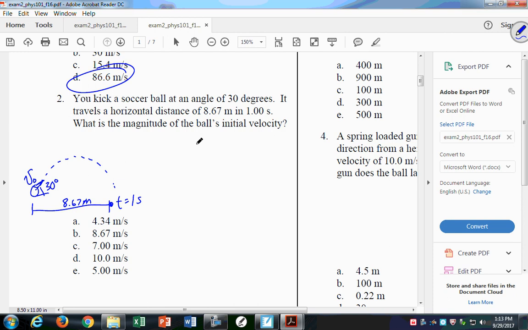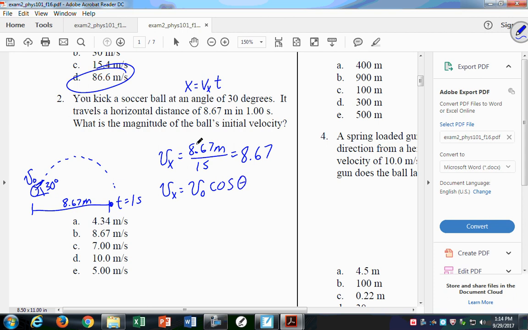And so I'd first start and say, well, I can find out what Vx is. And Vx is 8.67 meters divided by 1 second. That comes from that equation, which you see on your sheet, would be x equals Vxt. And I solved that for Vx. And so this is 8.67. And then I know that Vx is also equal to V0 cosine theta.